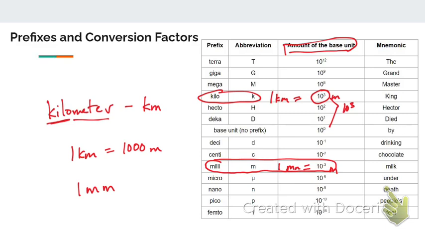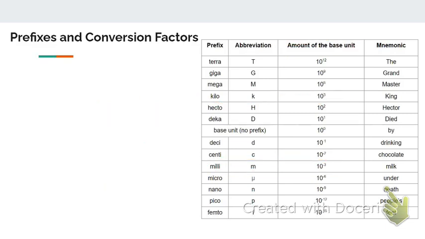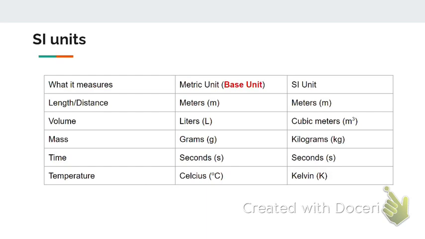So we have prefixes, and they always go with the base unit. And remember, there are different base units depending on what you're measuring, and those base units are found here.